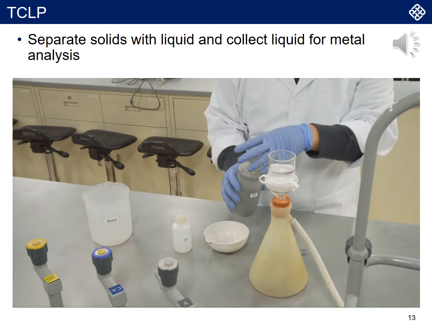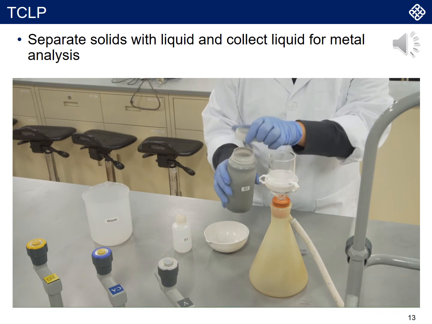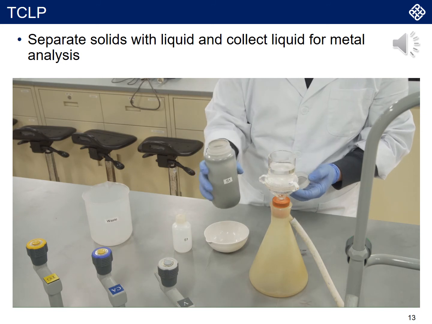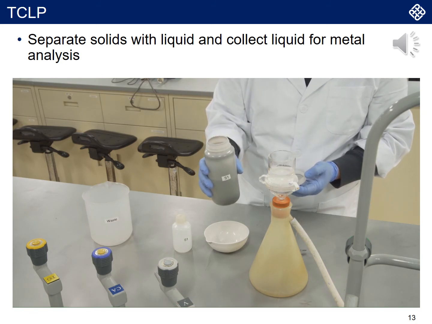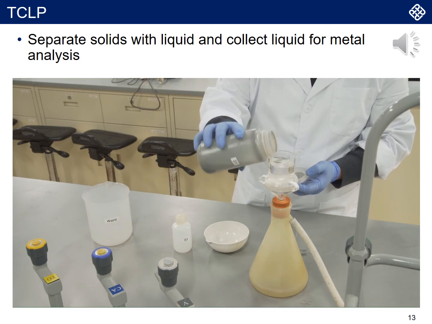So gradually the liquid will go to the bottom part of the device. We just collect the liquid for the metal analysis, and you can see we need to pour everything in.